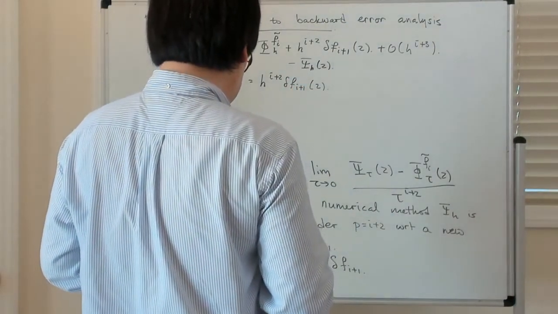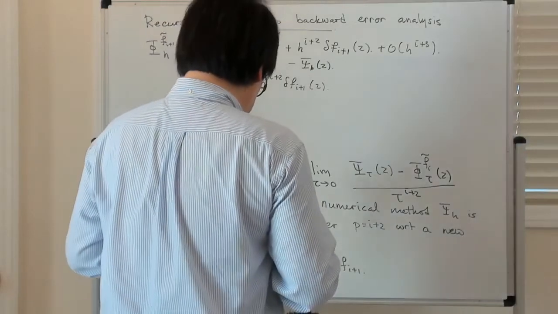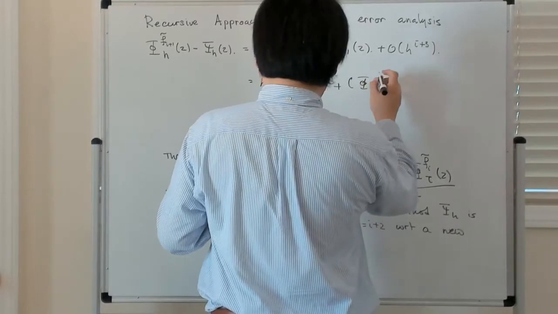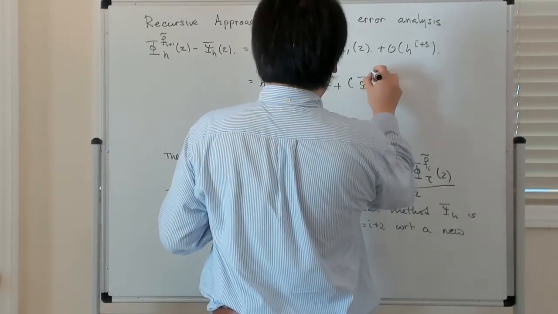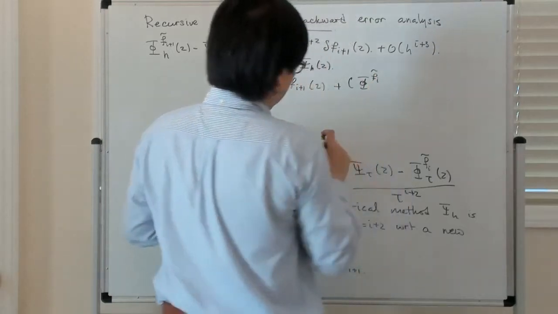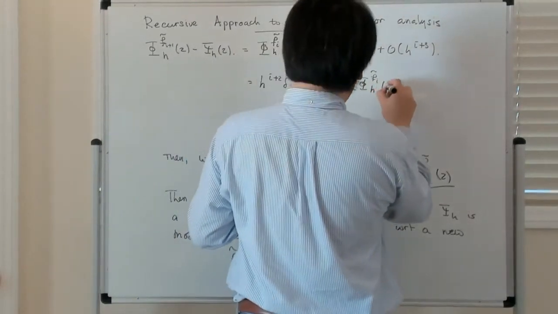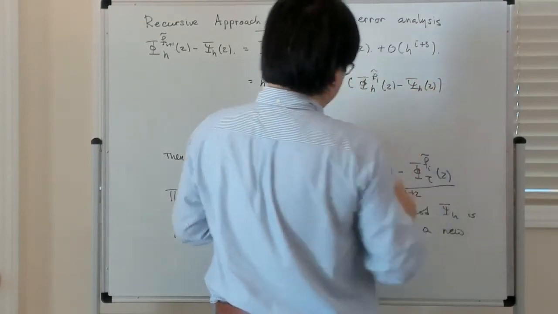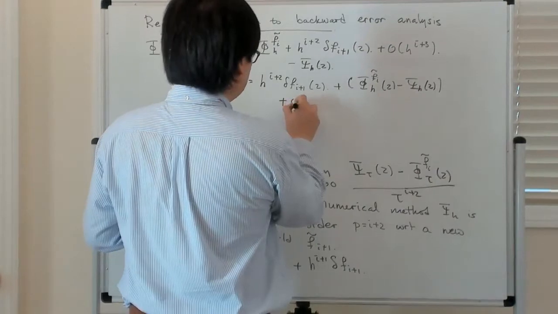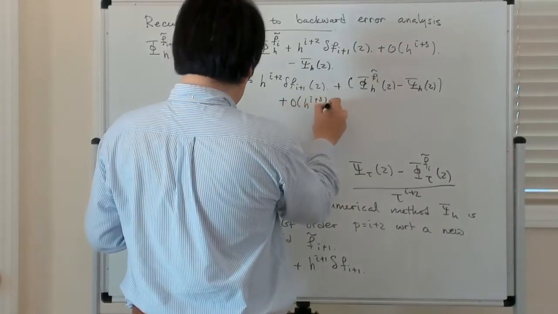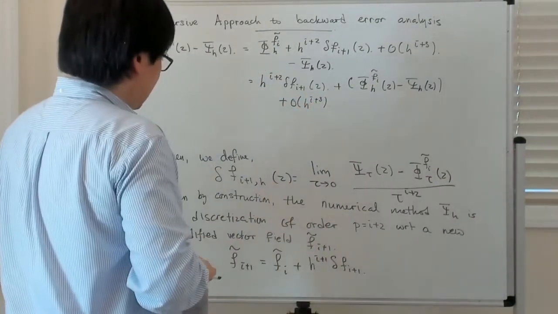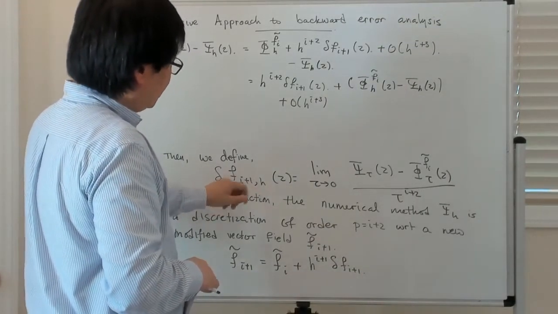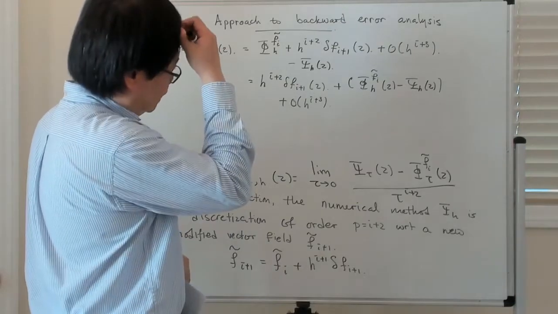Okay, plus the exact flow of the f tilde I vector field minus the one-step method, plus something which is big O of h to the I. This delta f I plus 1 is defined exactly so that it scales.